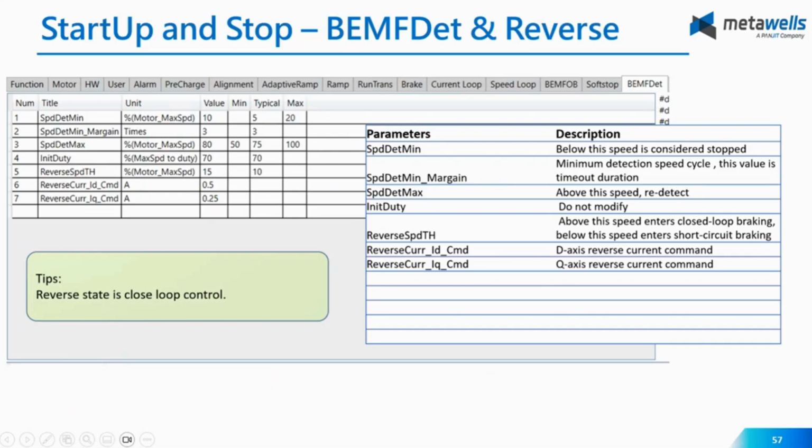Reverse current ID and reverse current IQ, these two parameters are very crucial in the reverse state.